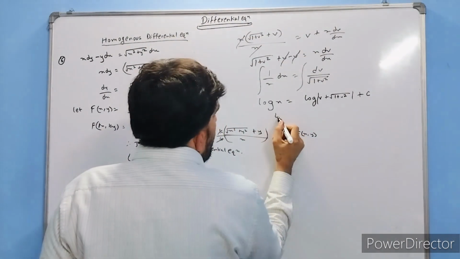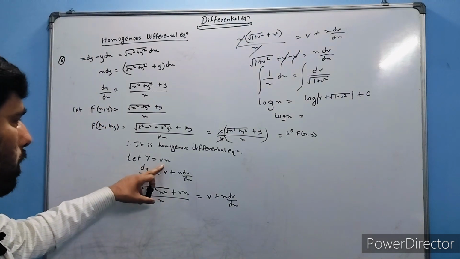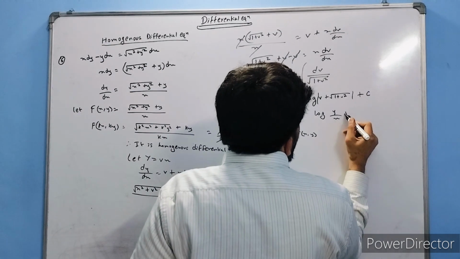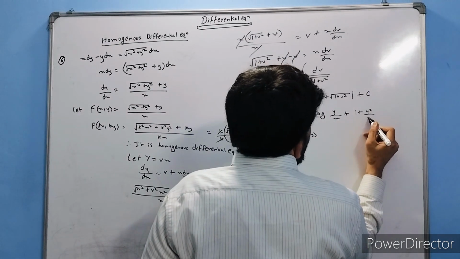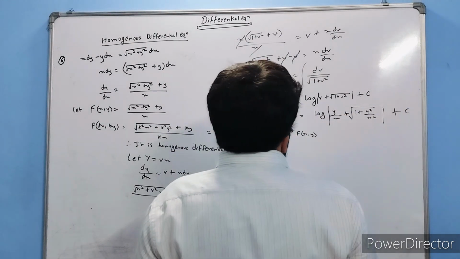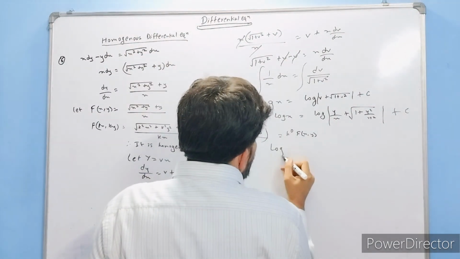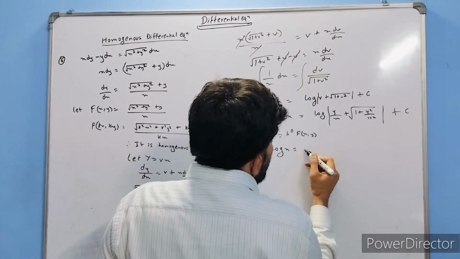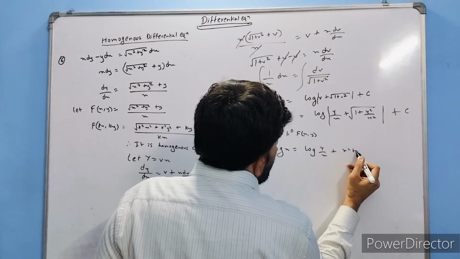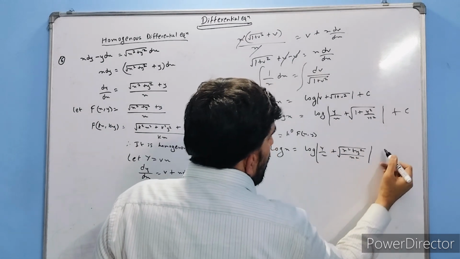Now we can put the value of v here, that is we have taken y is equal to vx, so v will be y upon x. So log of y upon x plus square root of 1 plus y square upon x square, plus c. Okay, so we got this. We can leave it as it is, but let us try to take y upon x plus square root of x square plus y square upon x, plus c.